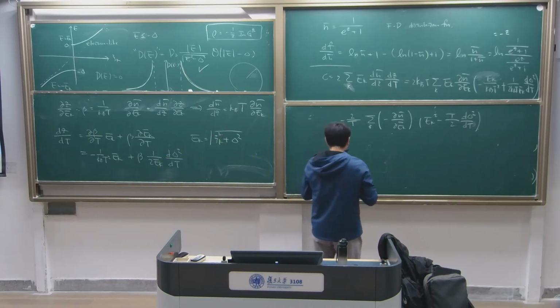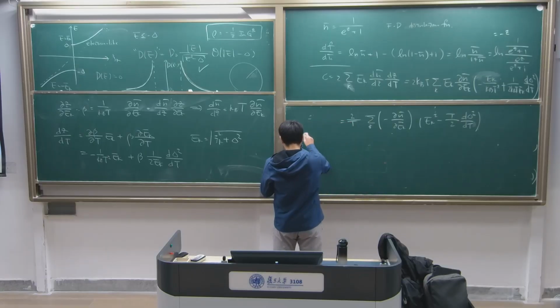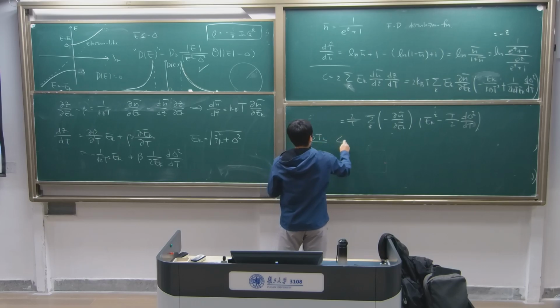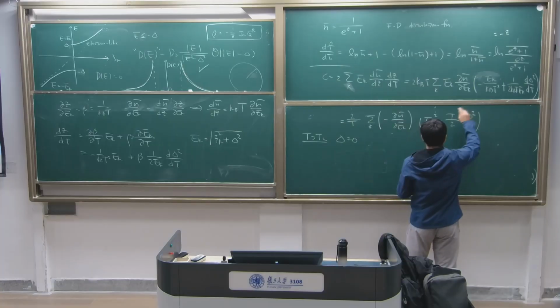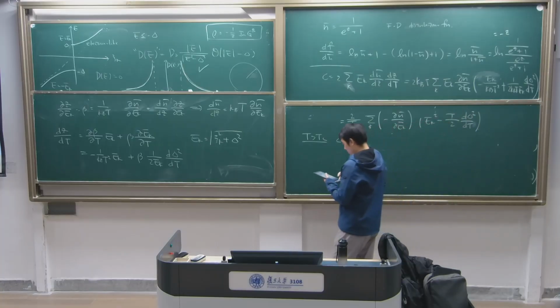And then when T is greater than Tc, then delta is equal to 0, so you can ignore this term.